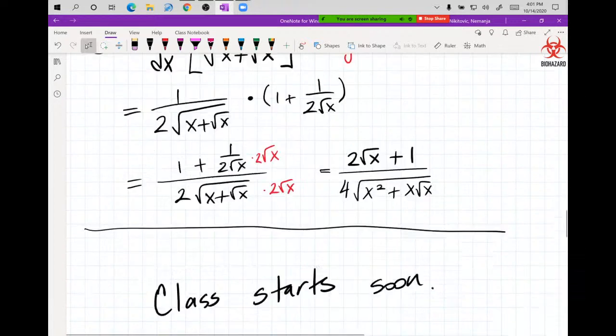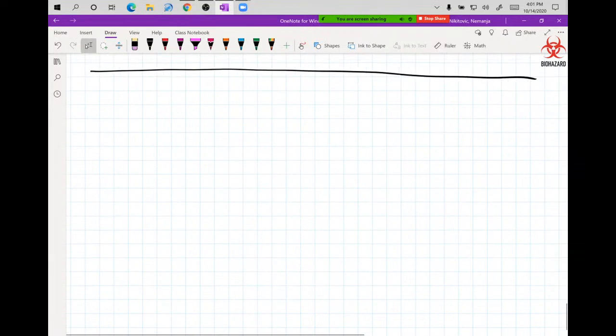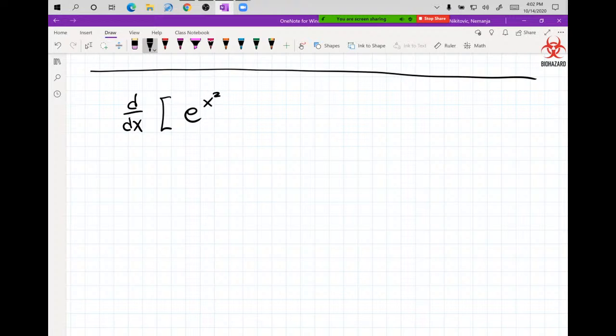So to review this, we'll start with what we can call a vanilla example. The derivative of e to the x squared plus x minus 3, let's say. If you have this, you quickly realize that the overall function is e to the x.